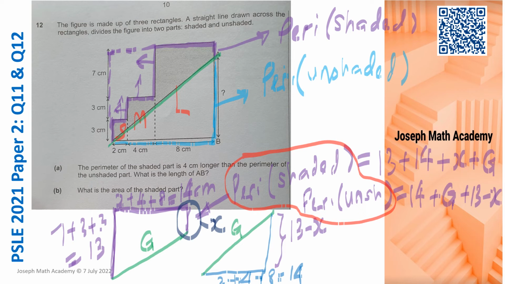Okay, I'm going to rewrite the whole equation into something like a simultaneous equation, but just involving one. So I'm going to write this down as a balanced equation.